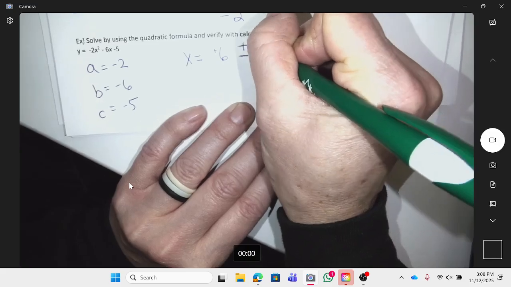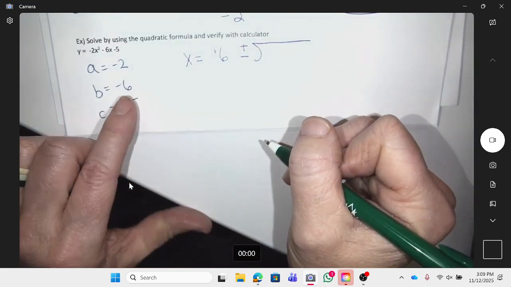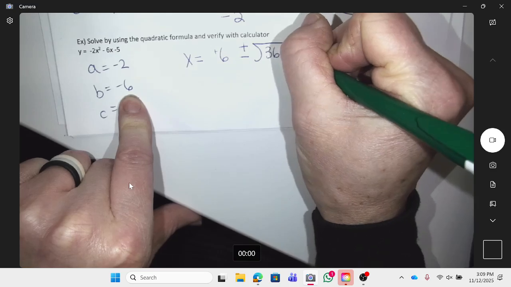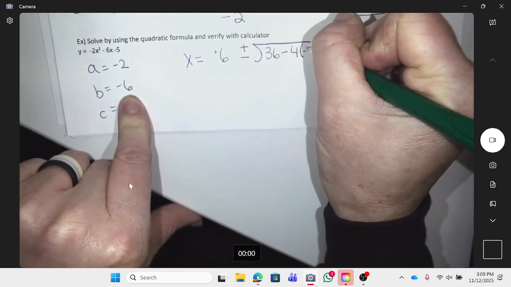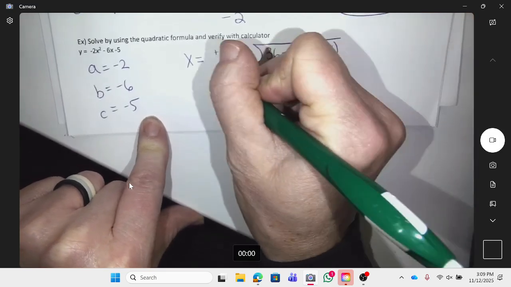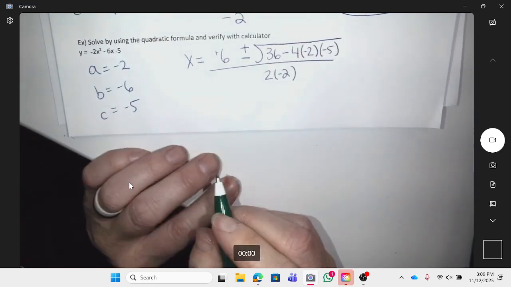Add, subtract the square root of, if this b is squared, 36, subtract 4, negative 2, negative 5, 2, negative 2.